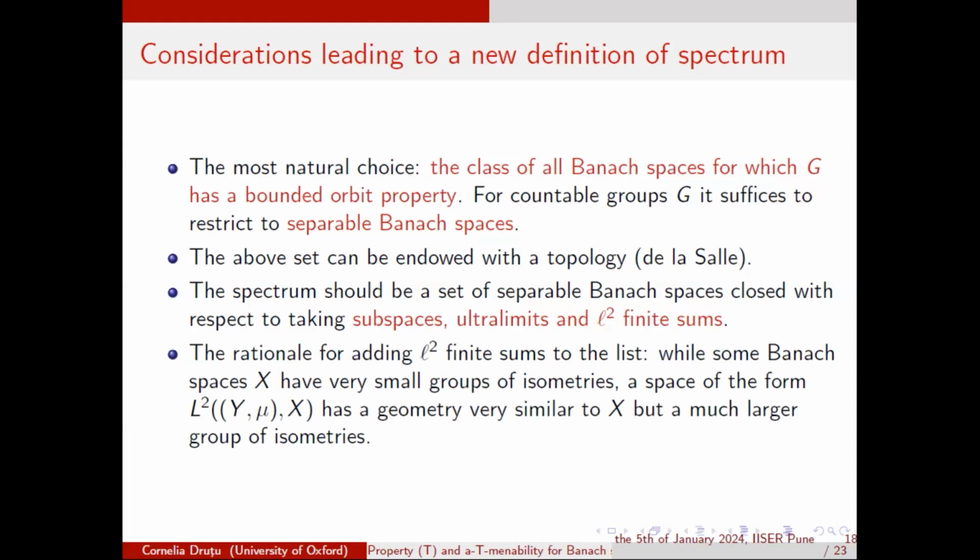It just comes from the fact that certain Banach spaces have very small groups of isometries. But if we are allowed to take this space as well, it has a geometry very similar to the other space, but a much larger group of isometries. So if we know that for such a space as well the group has a fixed point property, that is a consistent condition.